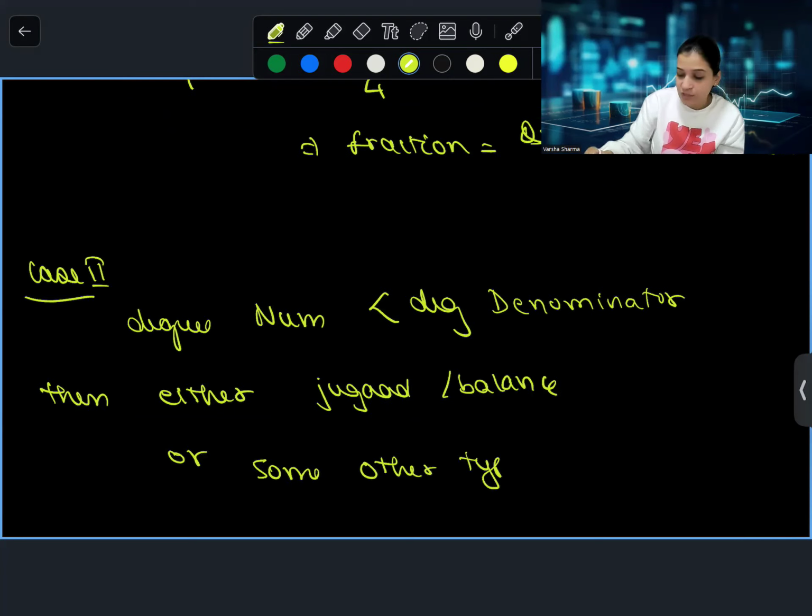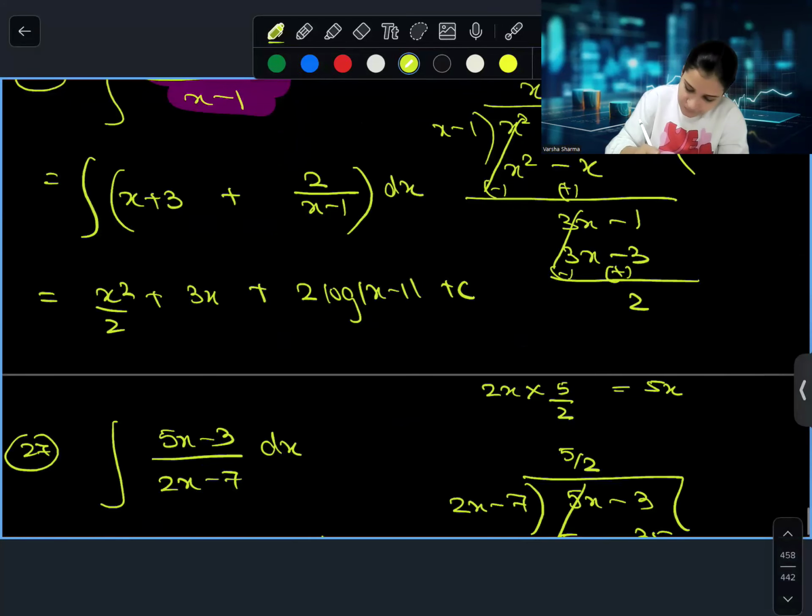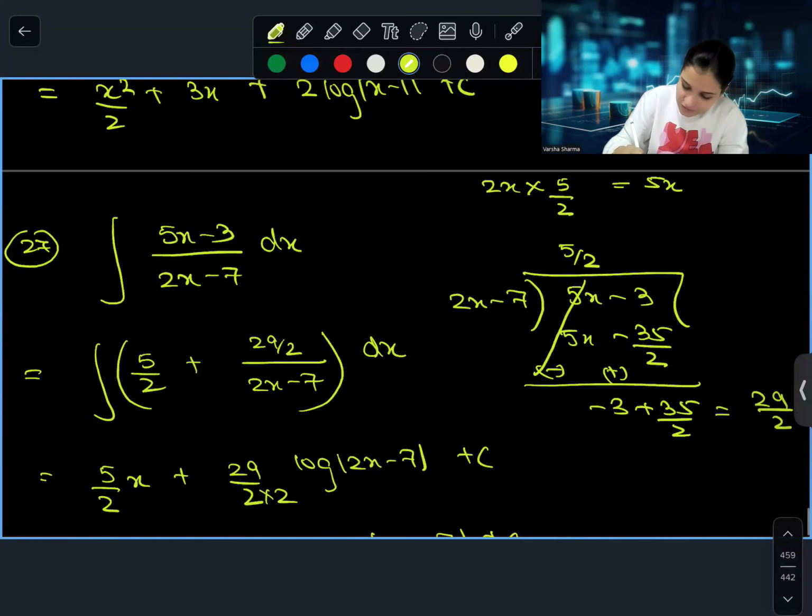We haven't studied till now, but type 5, type 6, type 7, all those can also be applicable. So this particular case does not have a fixed variety like long division. You have to see that if the power is smaller, say 1 by quadratic, then we'll have type 4. If it is linear by quadratic, we'll have type 7. So some other type may be applicable, or we are going to do jugaad, that is balance. What do I mean by that? Suppose my question is this.